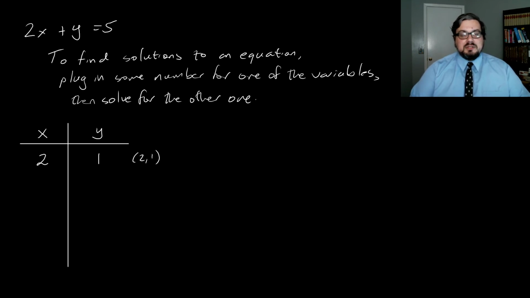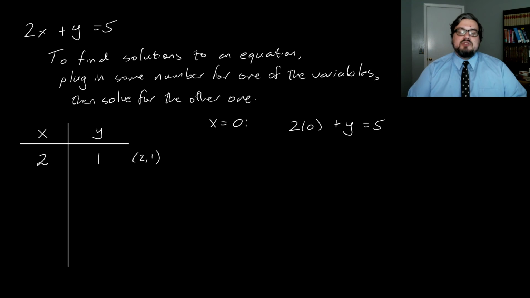So, for instance, we could try saying, all right, what if x is equal to 0? If x is equal to 0, then our equation becomes 2 times 0 plus y equals 5. But now this is an equation in just one variable, and we know how to solve those. So 2 times 0 plus y equals 5 is equivalent to the equation 0 plus y equals 5, which is equivalent to y equals 5.